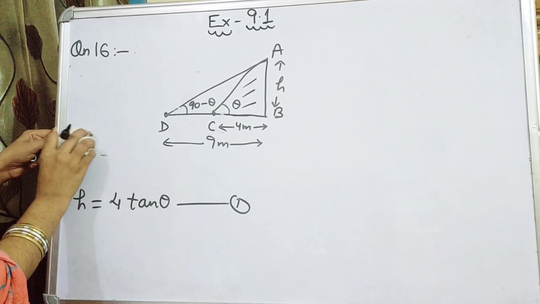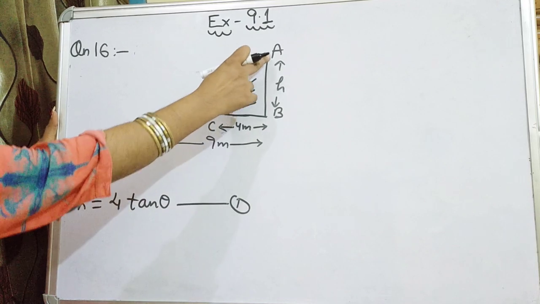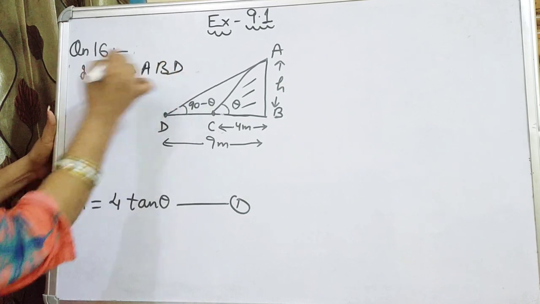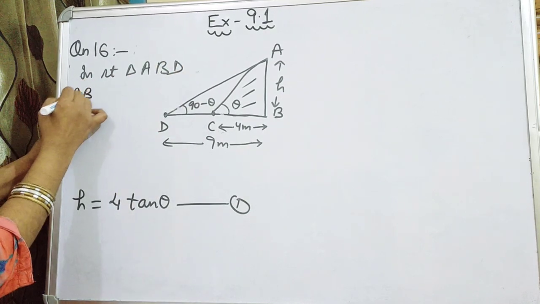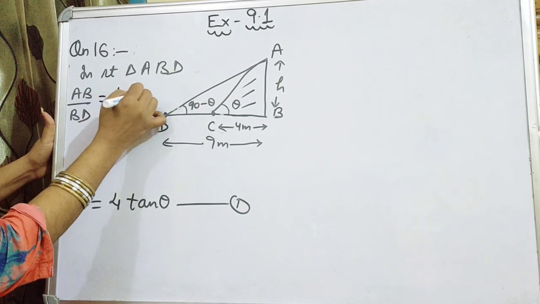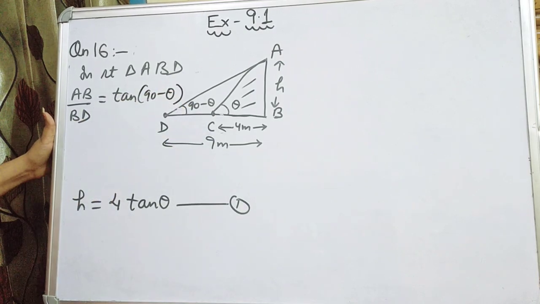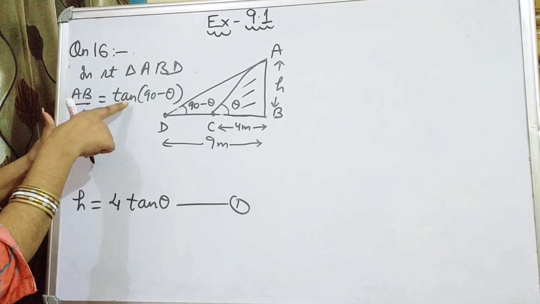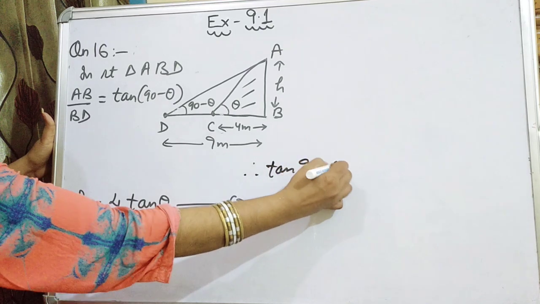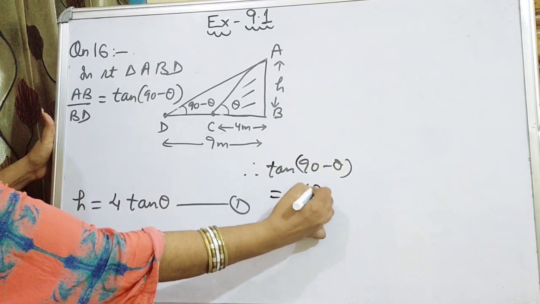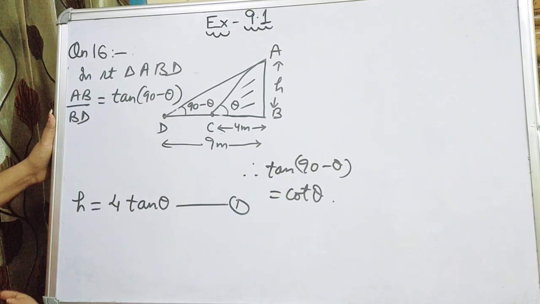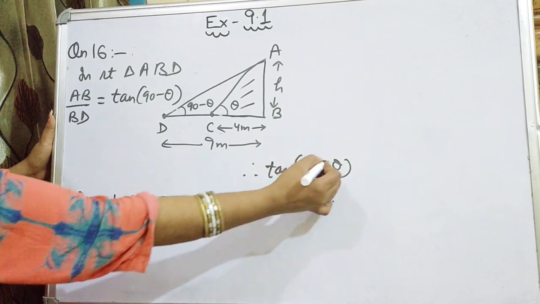Now I am taking the next right triangle, which is ABD. In right triangle ABD, again I am taking the ratio AB by BD. This is perpendicular by base and it should be tan 90 minus theta. But we have a formula here: tan 90 minus theta is cot theta. This is one of the formulas from complementary angles, right?